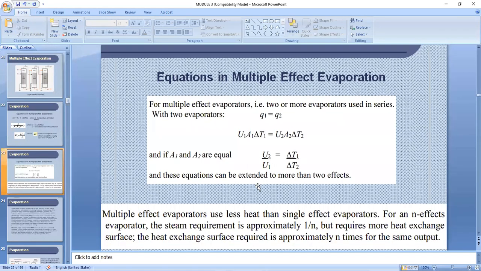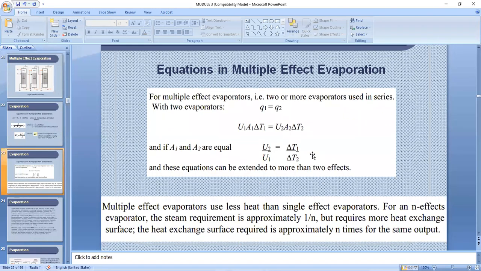Now, this is very important here, and I need to read this one. Multiple effect evaporators use less heat than single effect evaporators. For an N effect evaporator, the steam requirement is approximately 1 over N, but it requires more heat exchange surface. The heat exchanger surface required is approximately N times for the same output.